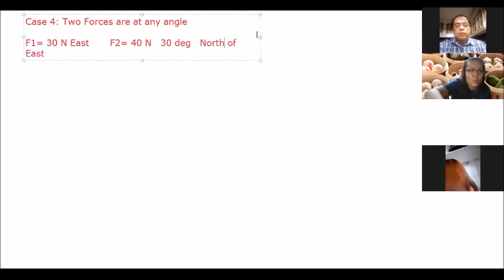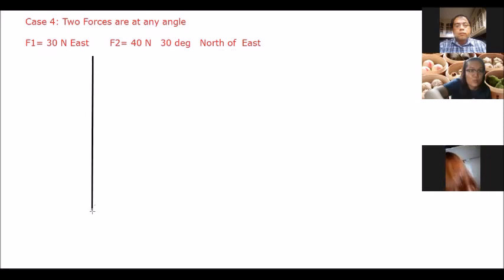And we realize that north of east is on the first quadrant, if you recall your different quadrants. So we draw our direction guide.